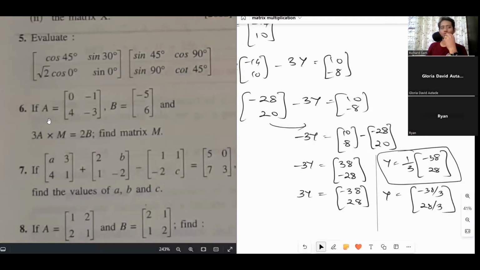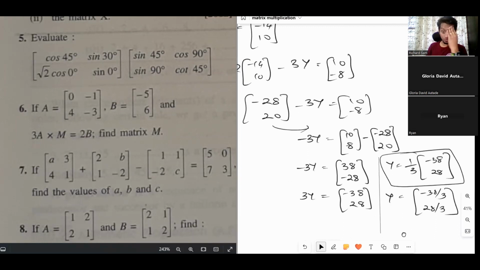Okay. The sixth question we'll do, it's a little different. Are you all done? Am I done writing this? You just have to keep up. Just copy it down. You can go home and solve it again and start the sixth question.